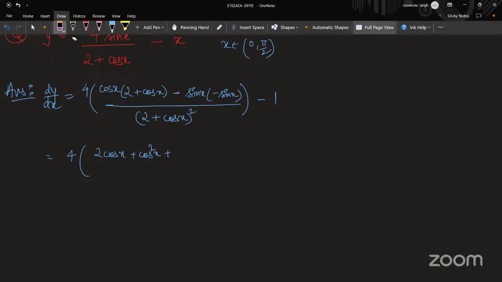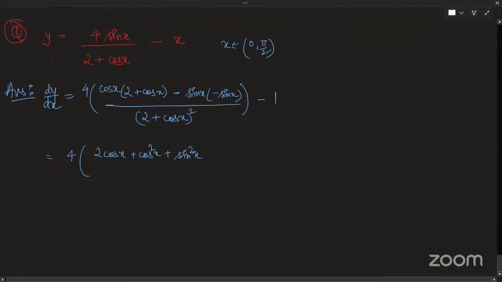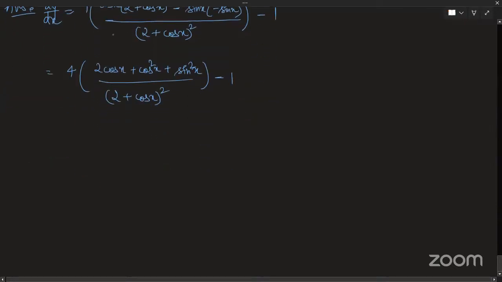What is cos square x plus sin square x? 1. Whole by (2 plus cos x) whole square, and then a minus 1. So it is something like 4 into (1 plus 2 cos x) whole divided by (2 plus cos x) whole square and then a minus 1. Is this correct? Yes, it's correct.